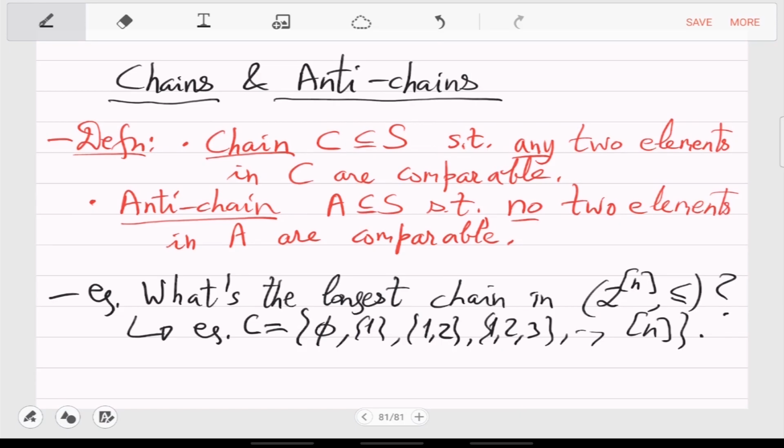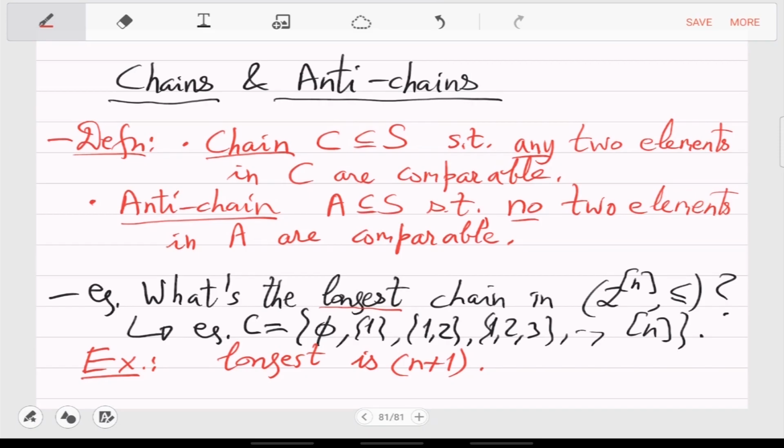Right, so prove this as an exercise that this is the longest. Longest is n plus 1. You can't have more than that. So that's about the longest chain.